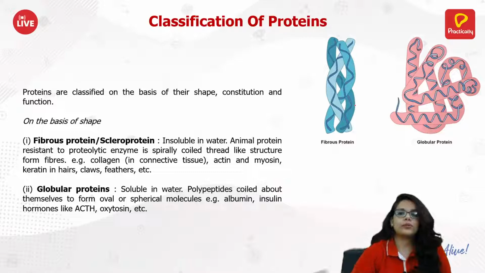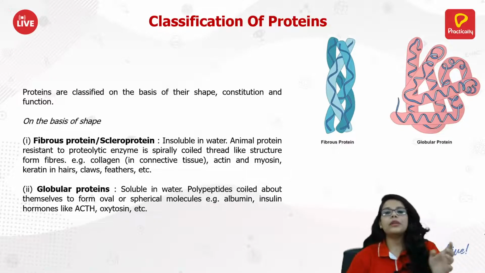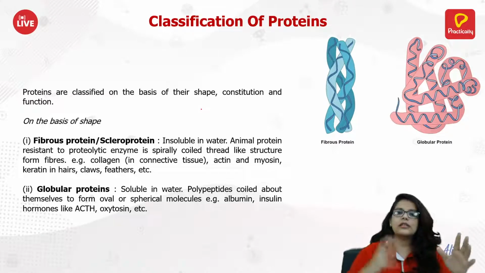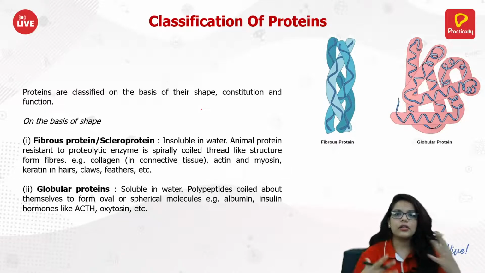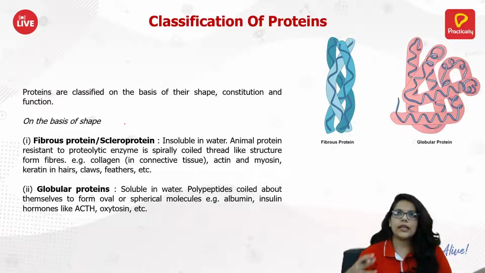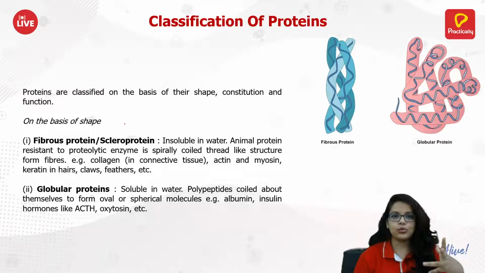Okay, so that was the structure of different proteins. Now proteins are again classified according to shape, what they are attached to, how simple or how complicated they are. On the basis of shape, there is fibrous protein.